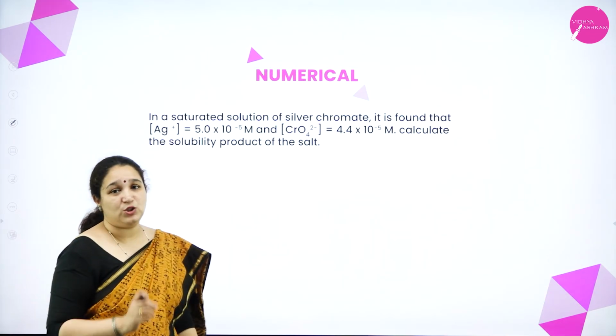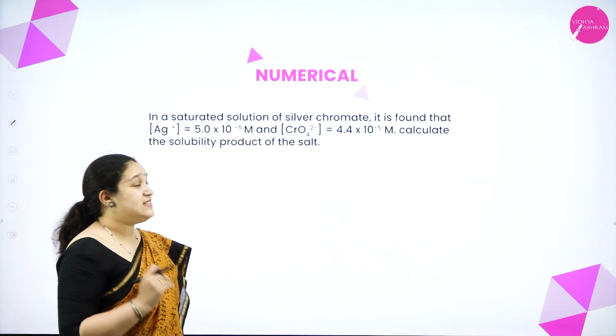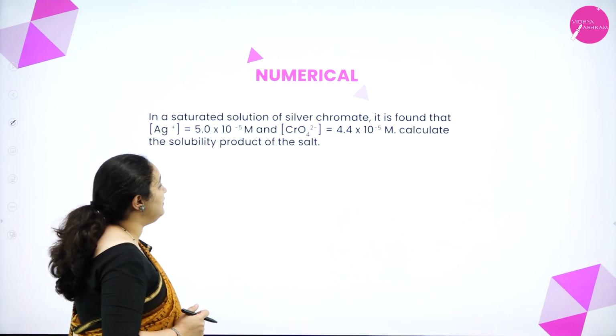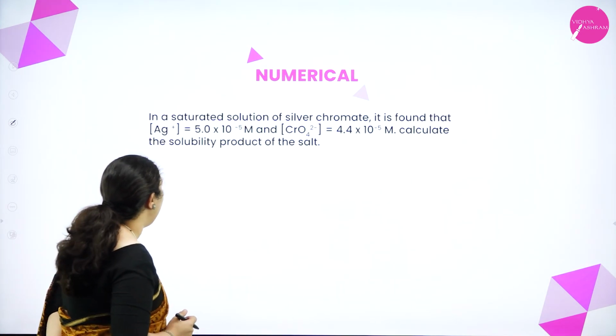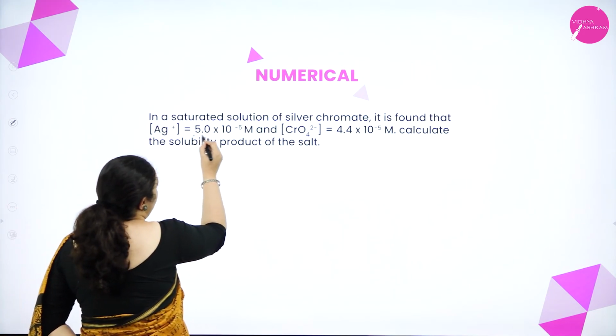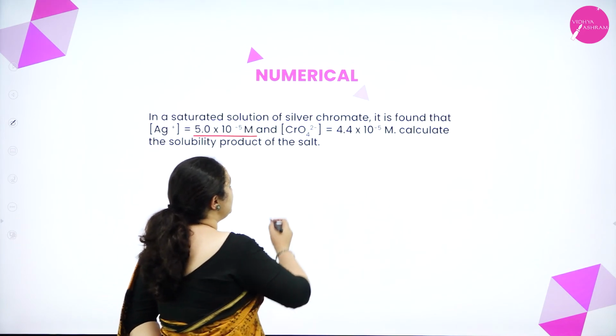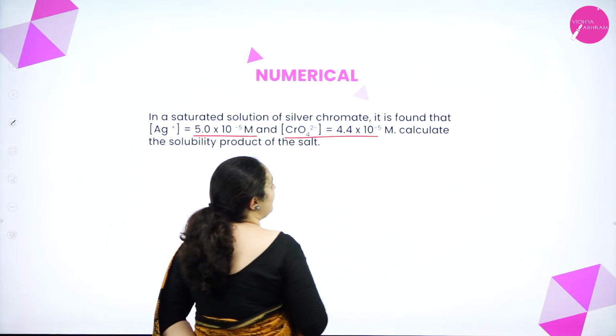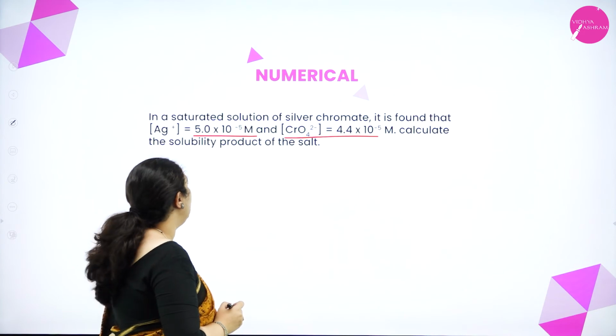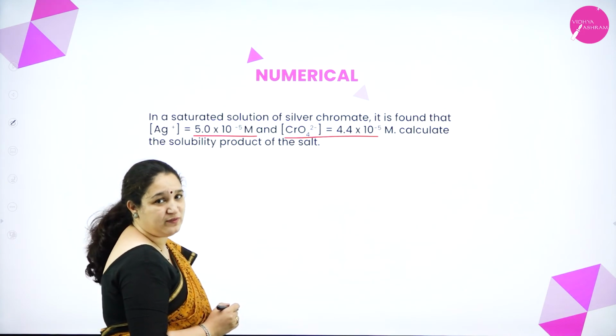Next, we will solve a numerical based on this. In a saturated solution of silver chromate, it is found that Ag plus concentration is 5 into 10 power minus 5 molar and CrO4 2 minus, that is chromate ion concentration, is 4.4 into 10 power minus 5 molar. Calculate the solubility product of the salt.